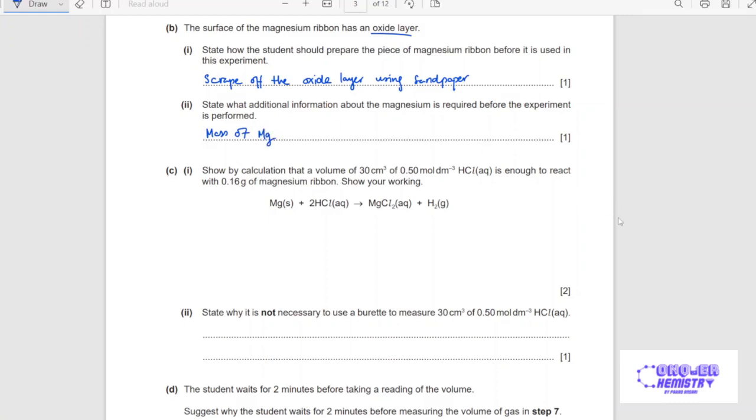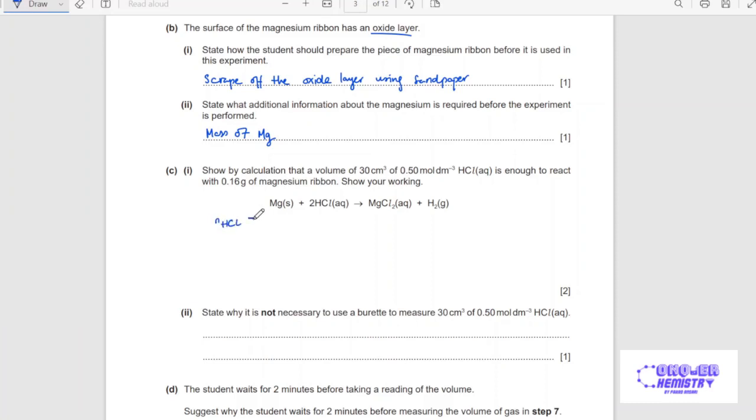All right, now a molar calculation. It says show by calculation that a volume of 30 cubic centimeters of 0.5 mole per cubic decimeter HCl is enough to react with 0.16 grams of magnesium ribbon. All right, so now we're going to do this by finding the moles of HCl first.